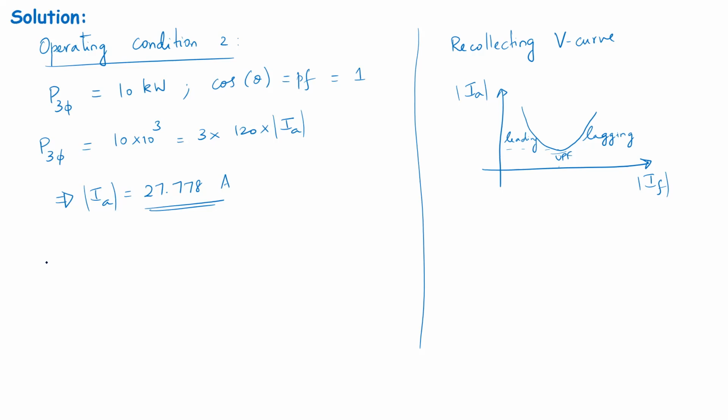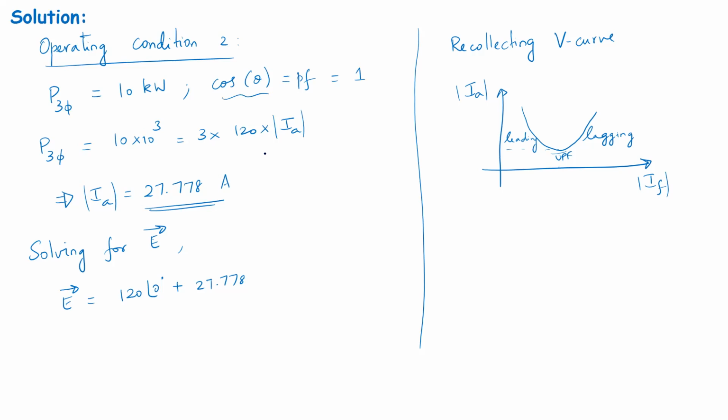Now once I have solved for IA, I'm going to solve for my E using the same approach. Solving for E vector, I get E vector is equal to 120 angle 0 plus IA, which is 27.778. And what will be the angle of this current?